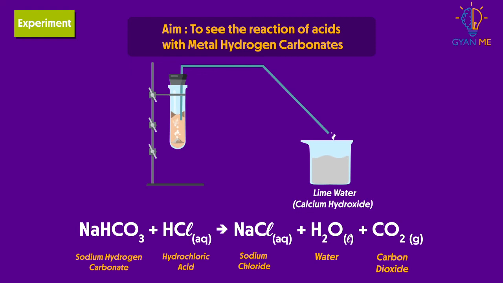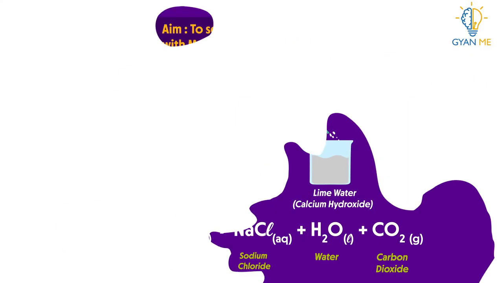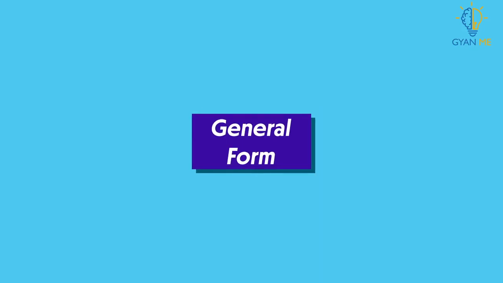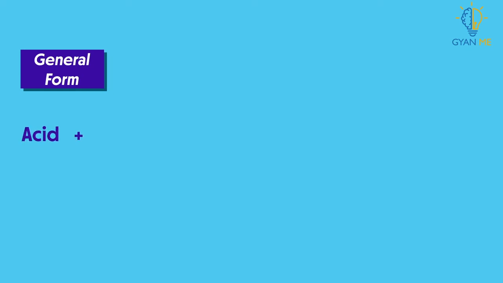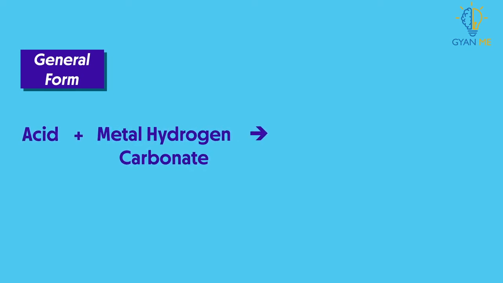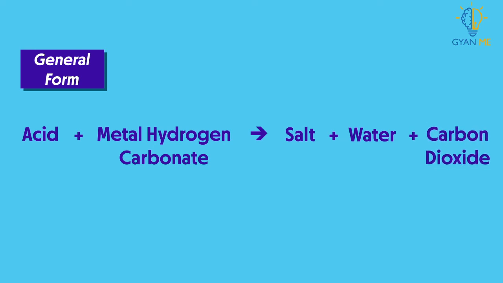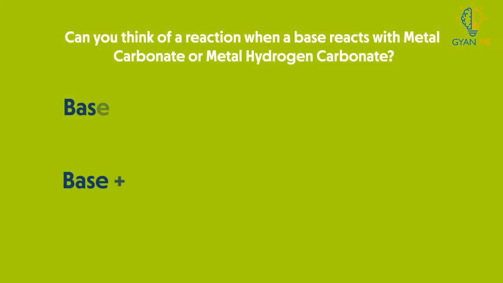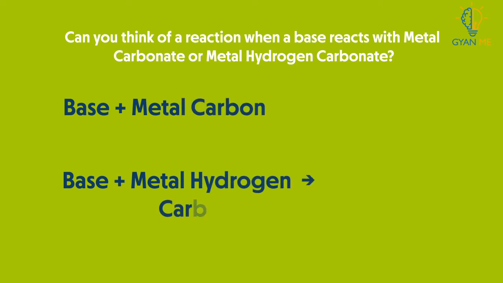Here we can see that the products formed are metal salt, water and carbon dioxide. So in general, we can write its chemical equation as acid plus metal hydrogen carbonate gives salt plus water plus carbon dioxide.